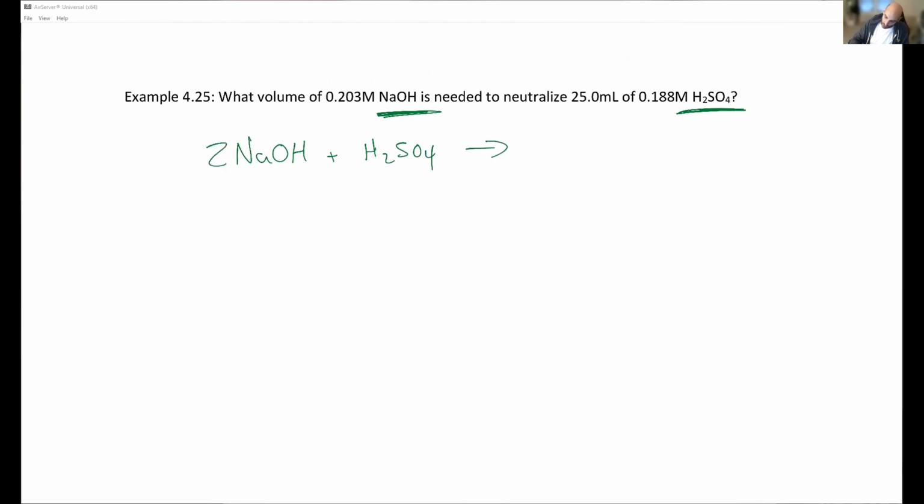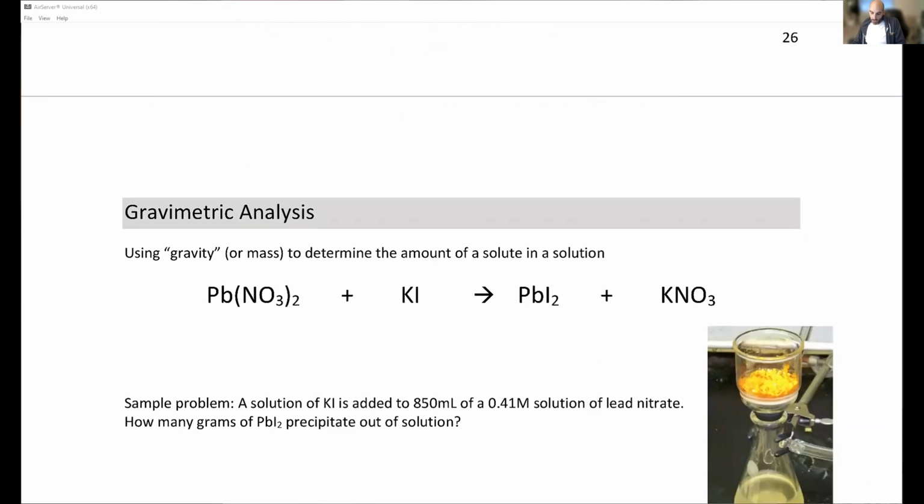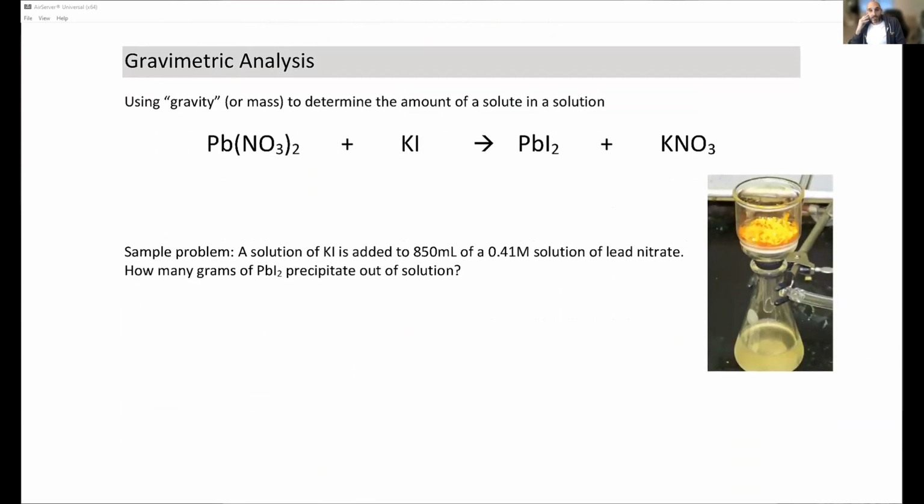I know I have a 2 out front here and just one of these. So this means I'm going to need 2 moles of OH⁻ to equal 1 mole of H2SO4 in this case. Essentially I'm going to need twice as much base as acid, but the equivalence idea is the same.